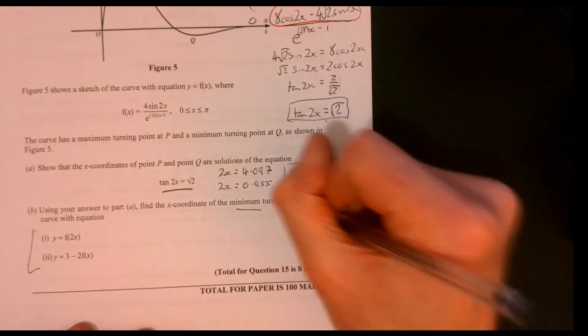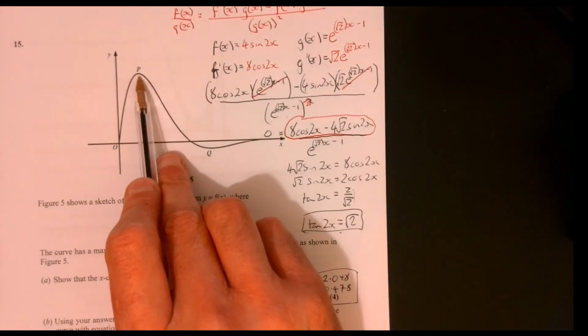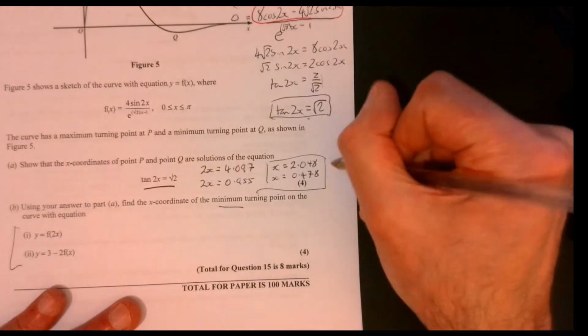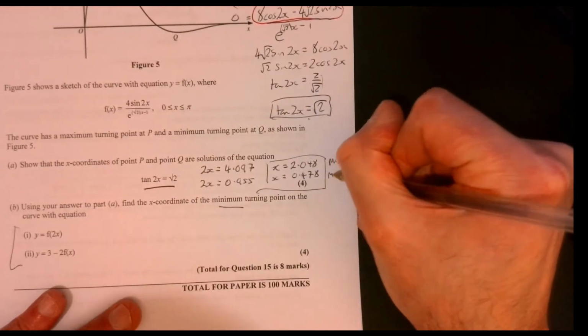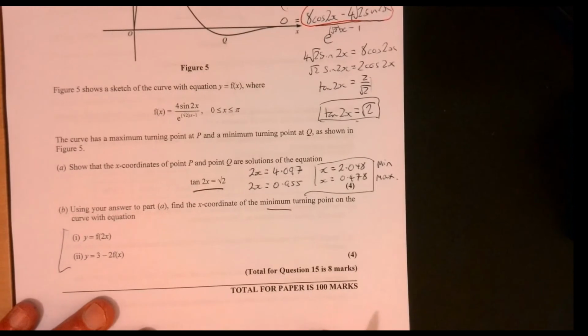Now, which one's which? Well, if we just refer back to the graph, look, the smallest value of x, that's where the maximum is, and Q is the minimum point. So therefore, that's the minimum, and that's the maximum point. Right, now let's make sense of our question.